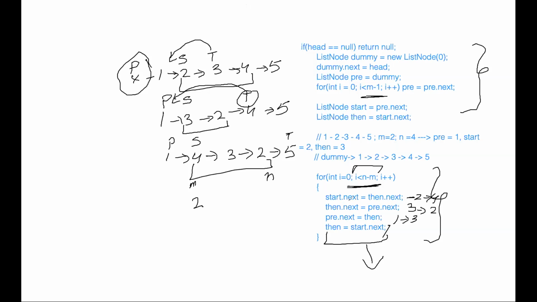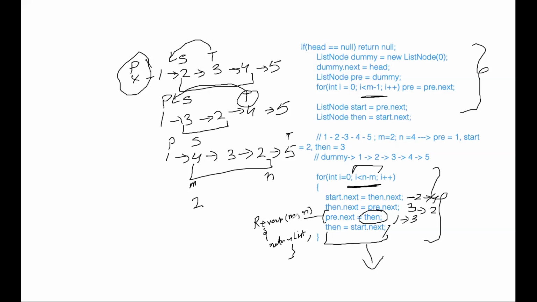So basically, you are saying that over here where we are doing pre.next equal to then, this part we don't have to do every time. It would be replaced by some sort of reverse function which will take M and N as input and return a list, and I append that list to the pre.